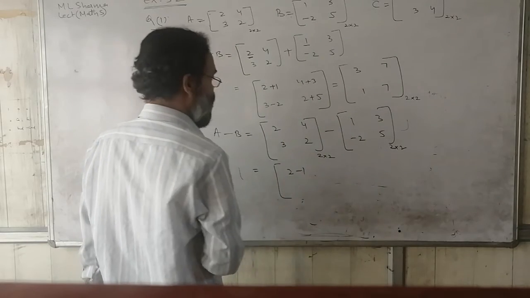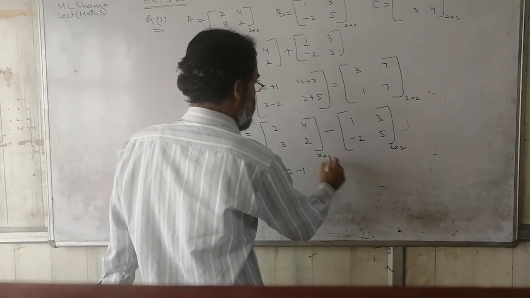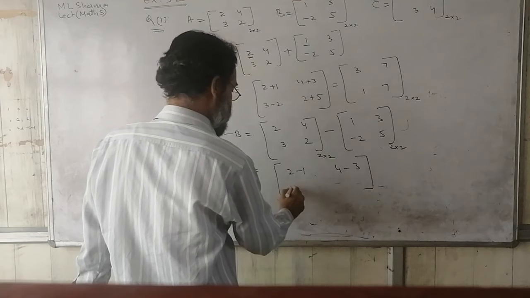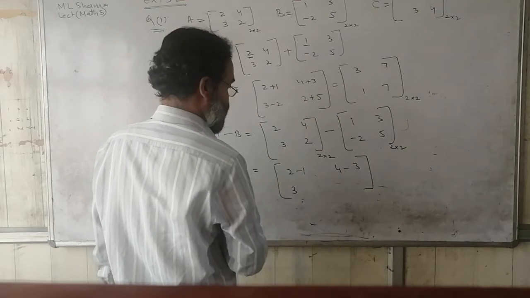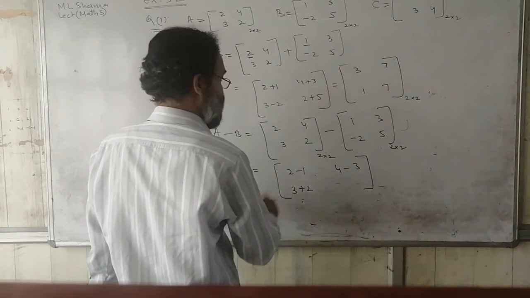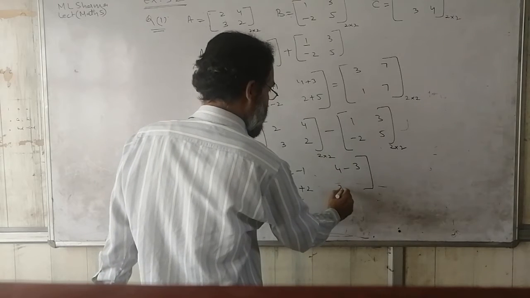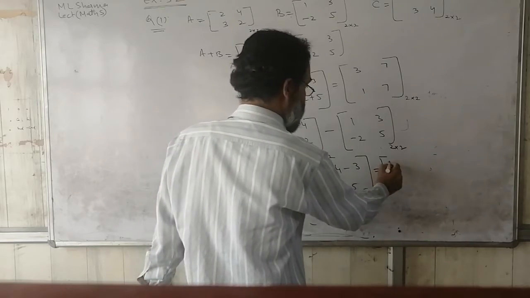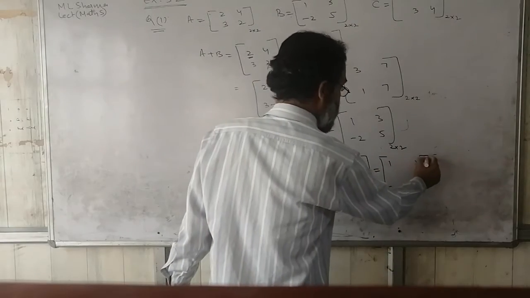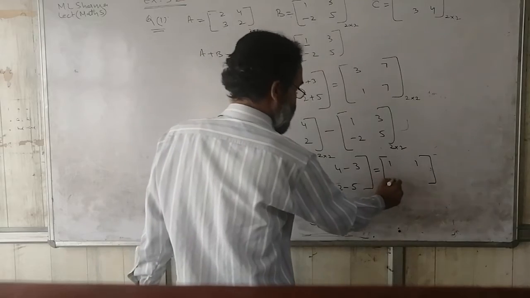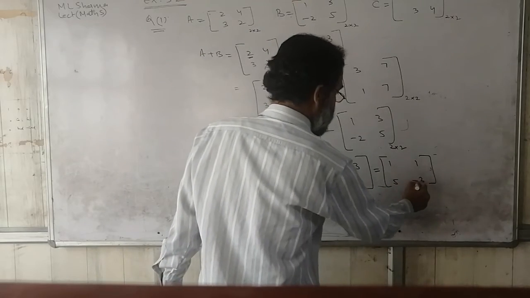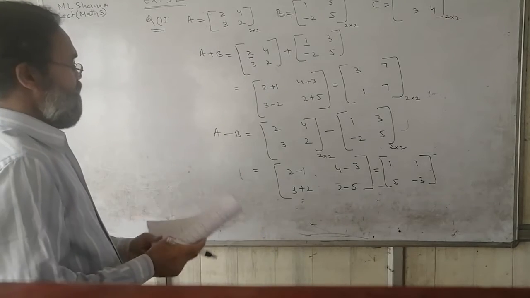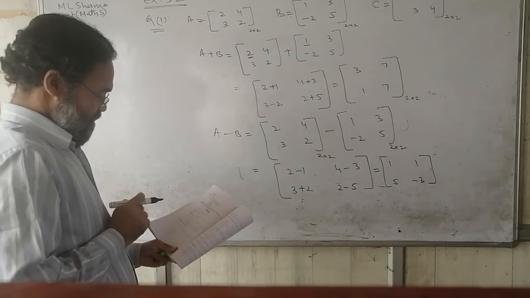So 2 minus 1 here, then 4 minus 3 here, now this minus and minus will become plus, 3 plus 2 here, then 2 minus 5. So this will equal 1 here, 1 here, 3 plus 2, 5 here, and minus 3 here. So in this way we add and subtract two matrices in this manner.